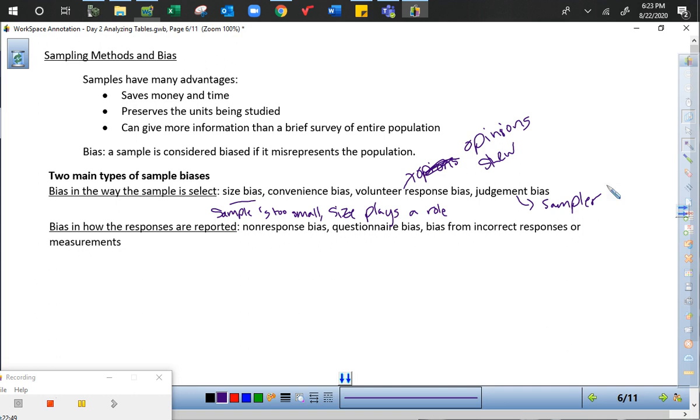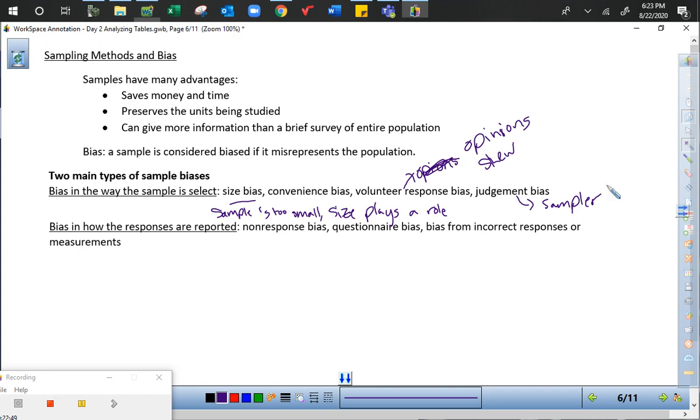Sometimes when the data being collected is about the person, they're less likely to respond truthfully if it's an answer that may be frowned upon. Measurements also, if you're talking about height or something, could be measured in different ways, different scales, so may not be as accurate as when they're reported differently.